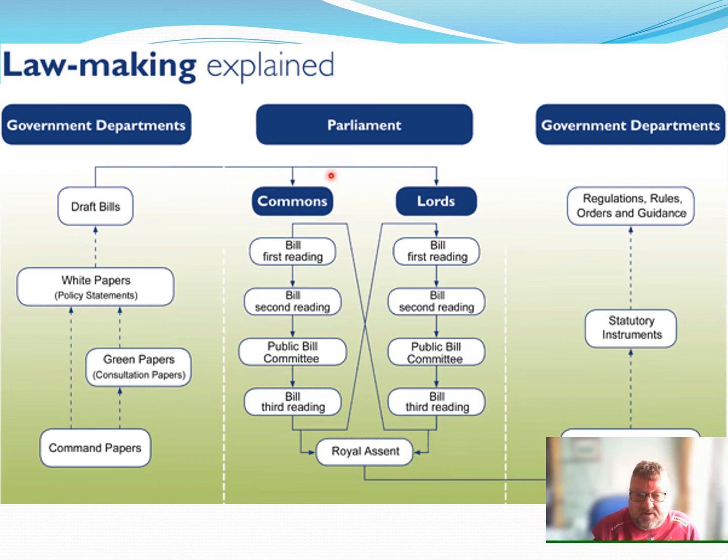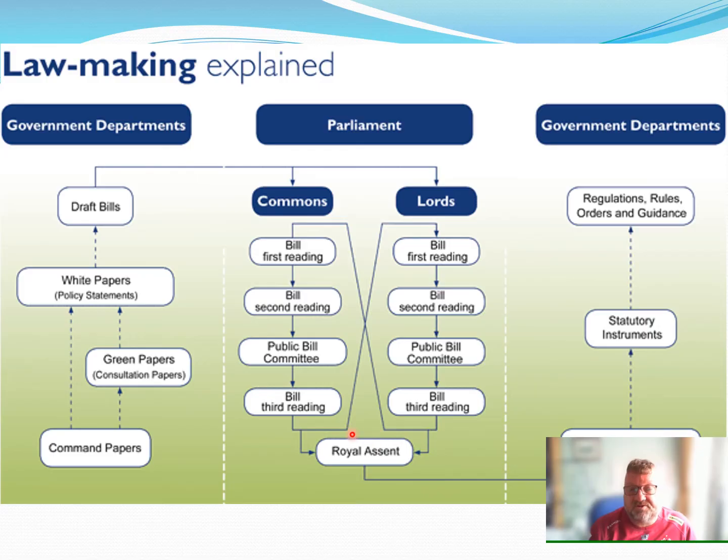If it starts in the Commons, it will have a first reading, a second reading, a committee stage, and then a third reading. And it will then move to the opposite house, where the same process will happen again: first reading, second reading, committee, third reading. So once it's gone through green, white, first house, first reading, second reading, committee, third reading, move to the next house, first reading, second reading, committee, third reading.